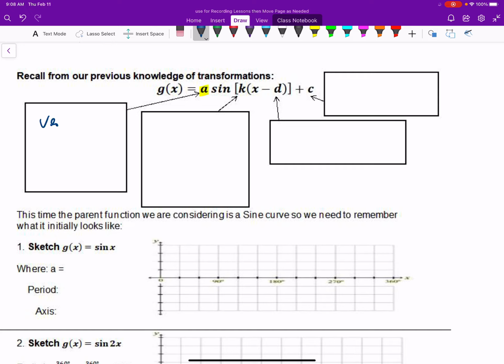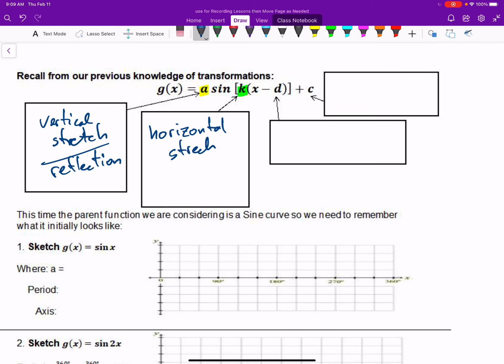It's the vertical stretch, and it's the reflection in the x-axis, vertical reflection. K is still the horizontal stretch, and when I say stretch, I mean stretch or compression. It could be either one. I'm just using stretch to include all those terms.